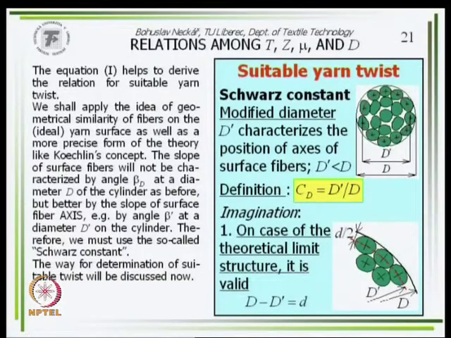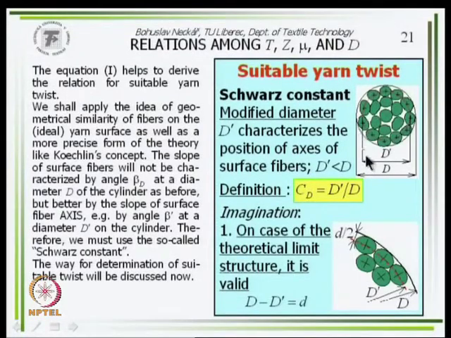The same equation is possible to rearrange and to obtain the second equation, which can help us to find a good value of the yarn twist, suitable yarn twist. Let's start now with the rearranging of our equation to the second form, which is good for such work.